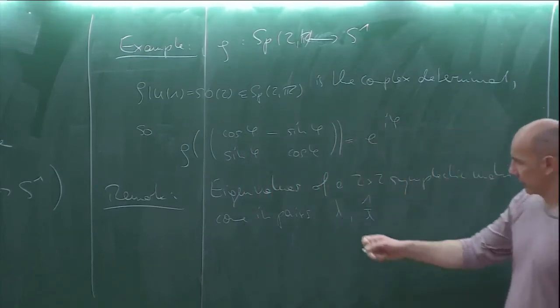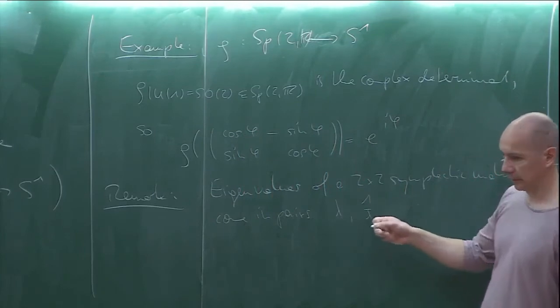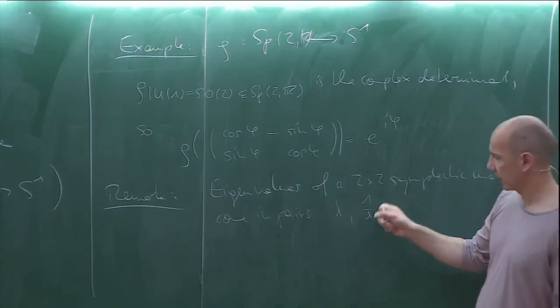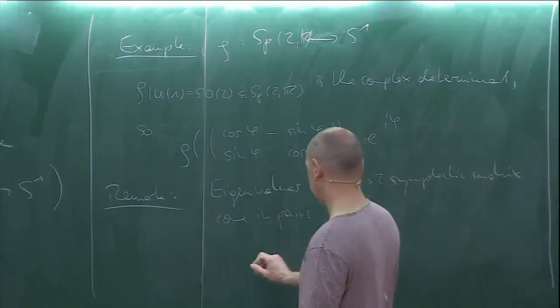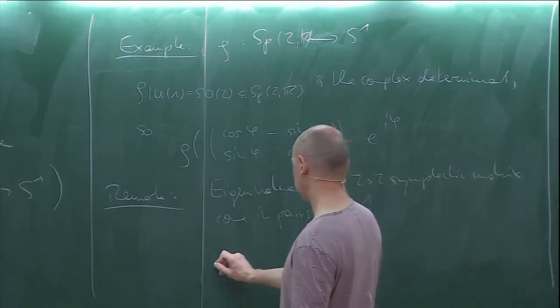So either lambda is real, well then this is what they are, or lambda is complex and 1 over lambda is also equal to lambda bar, right?